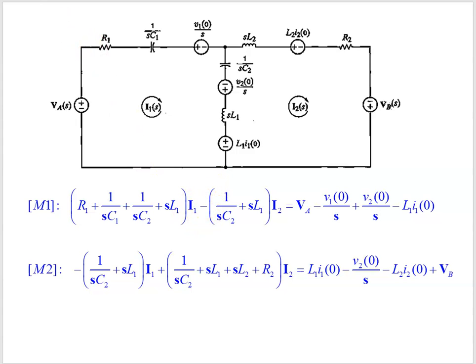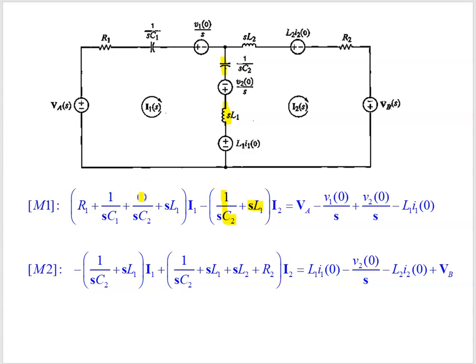If you remember, since we have I1 and I2 on both sides of the equation, our 1 over SC2 and our SL1 are our shared references. Those show up, and it's negative for I2.